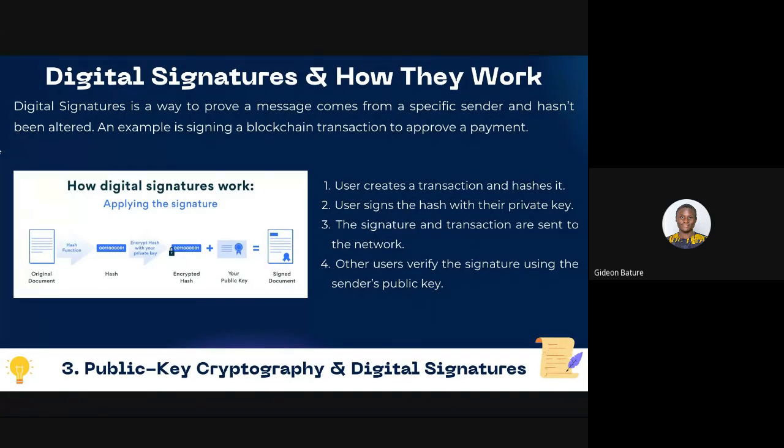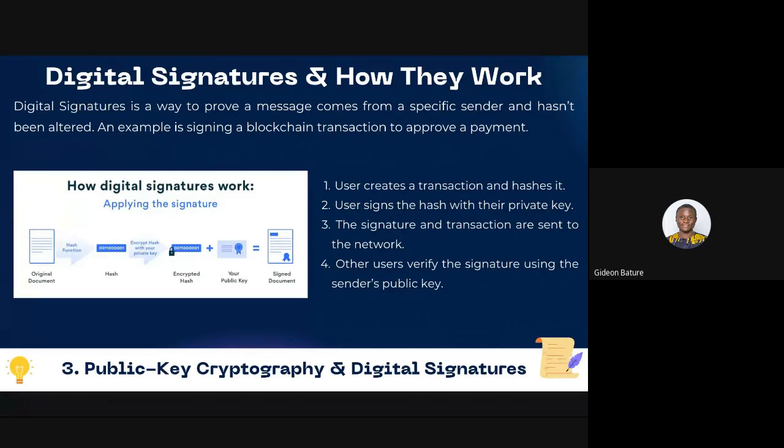Digital signature is a way to prove a message comes from a specific sender and hasn't been altered. An example is signing a blockchain transaction to approve a payment. So now, I think yesterday I asked a question, right? And then somebody was trying to paint it in the light of a stamp on a document.